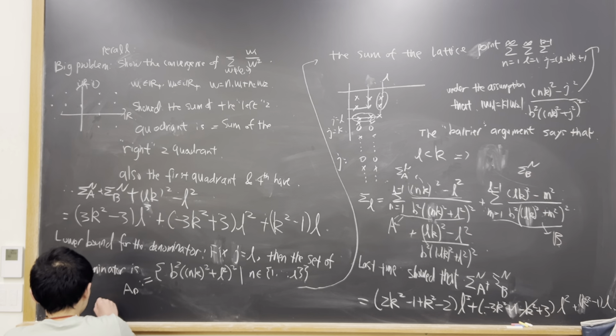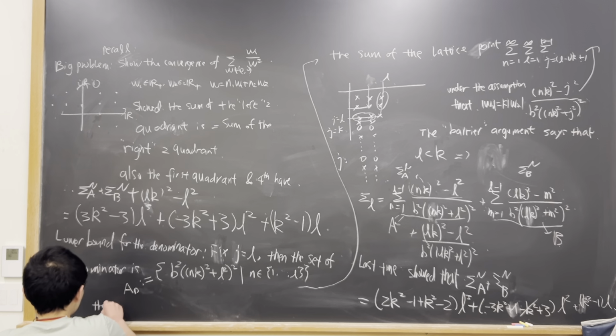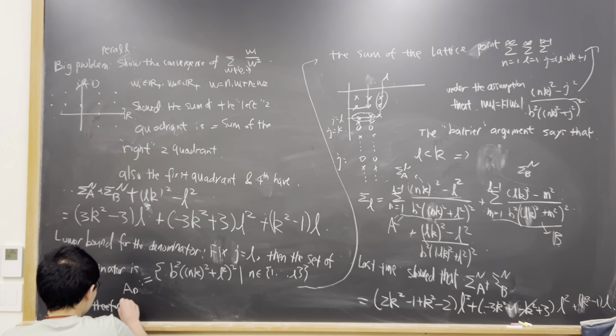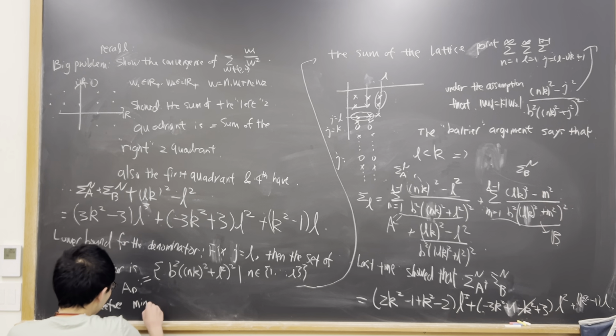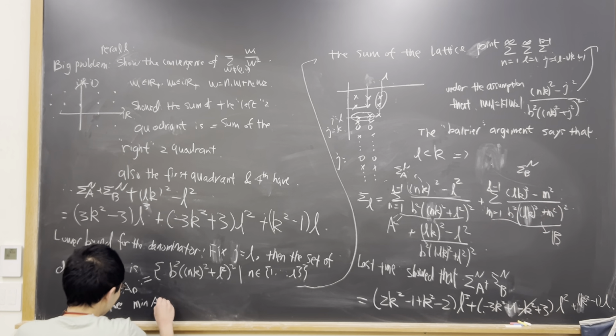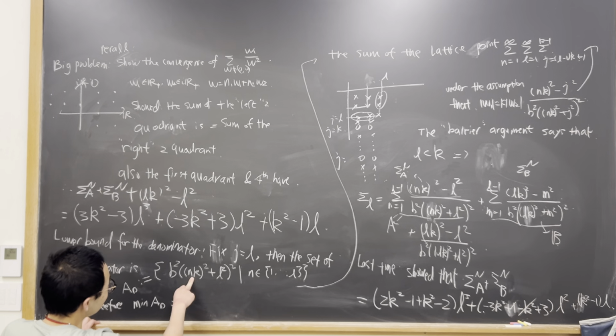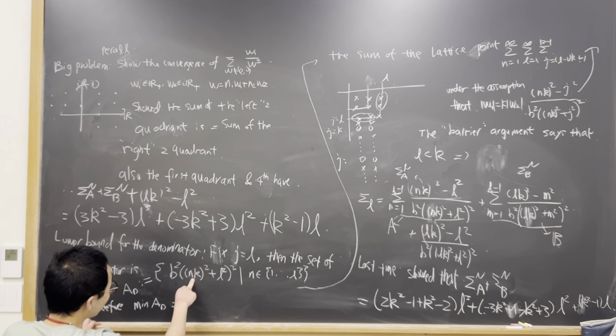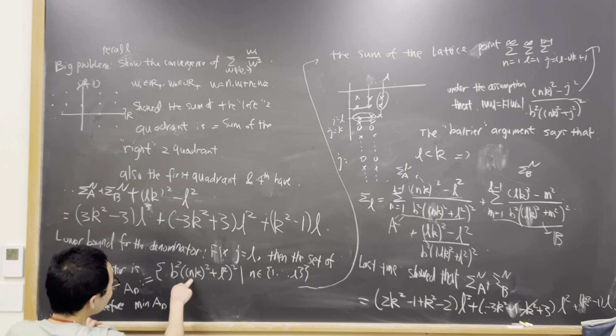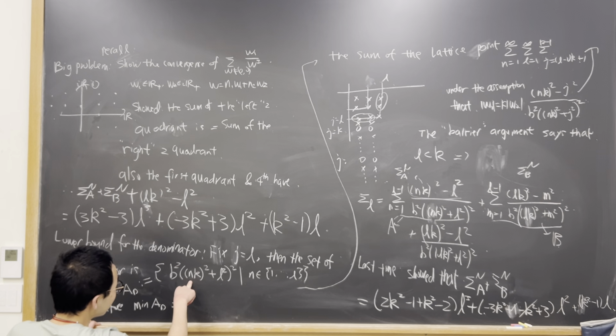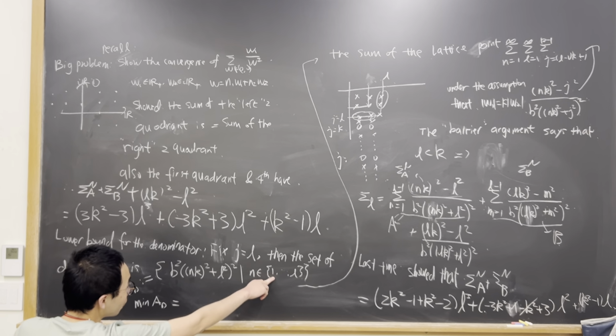And therefore the minimum over the set AD is equal to exactly, because the smallest one among all these points is exactly the point where n equals 1, right?